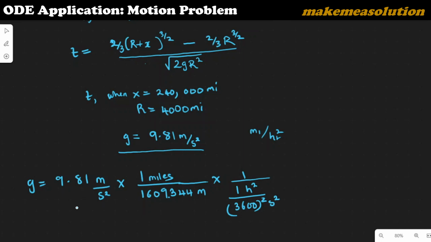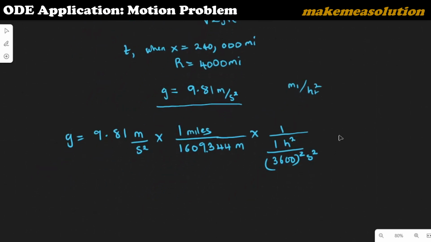So 1 hour squared is equivalent to 3,600 squared seconds. This is the way I'm going to convert my gravity from meters per second squared to miles per hour squared. Miles cancels out, meters cancels out meters, and seconds squared in the denominator cancels out.